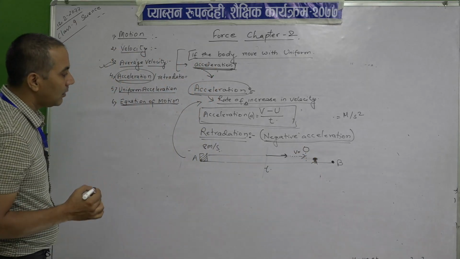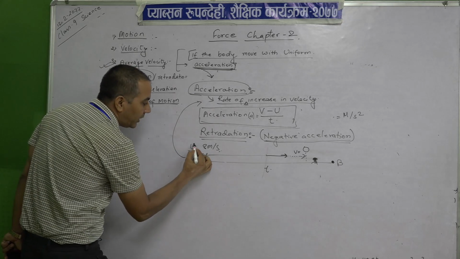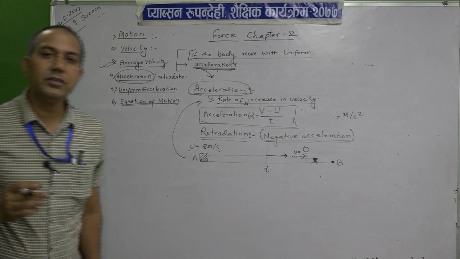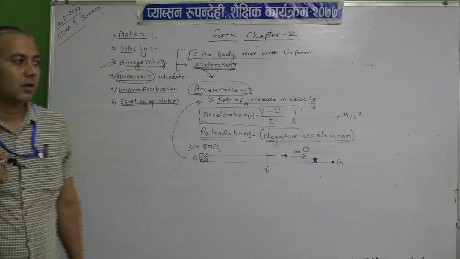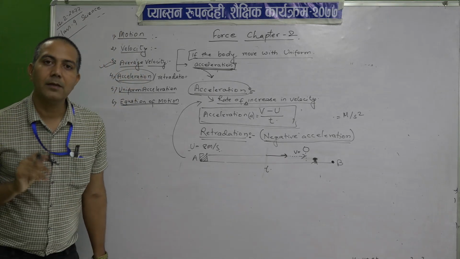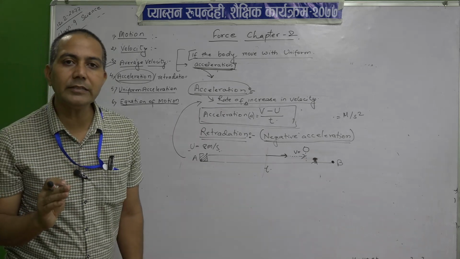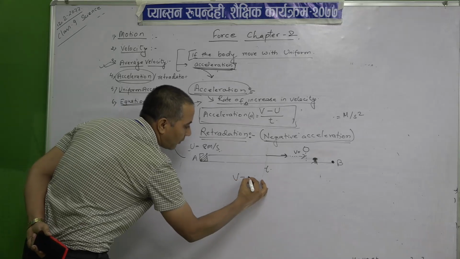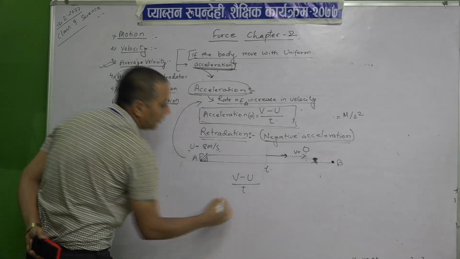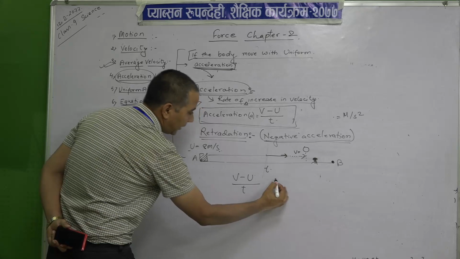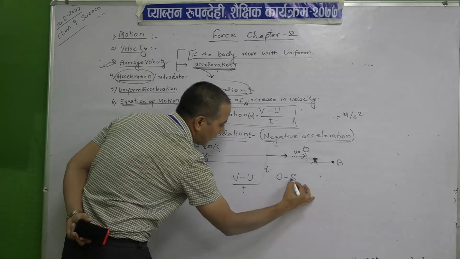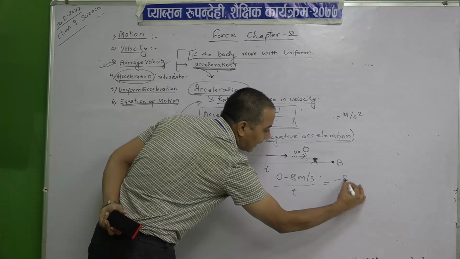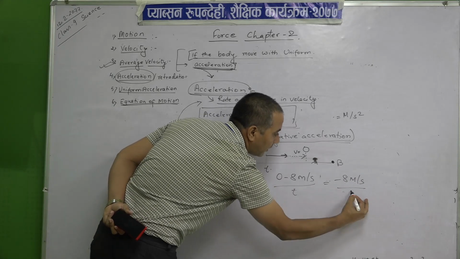Now, u is 8 and v is 0. So, does the velocity increase or decrease? The velocity decreases. We can see from the formula also: v is 0 and u is 8 meter per second, so it is minus 8 meter per second upon time.